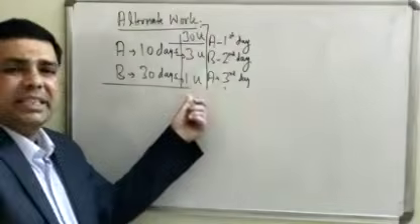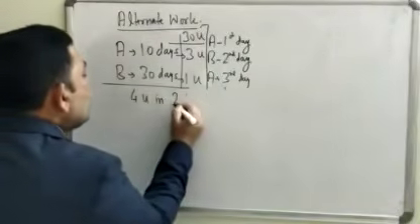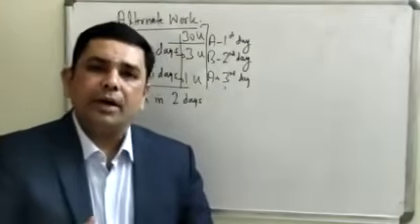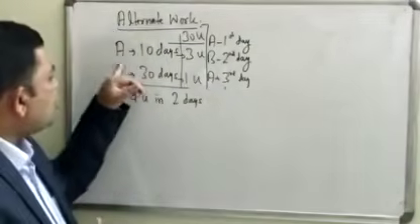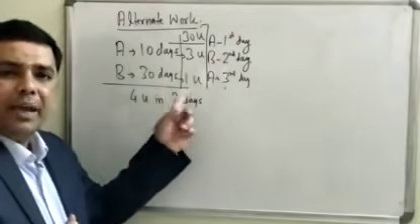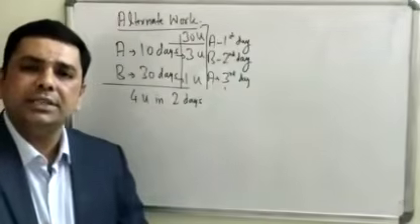That 4 units is completed in 1 day. Now we will say that 4 units will get completed in 2 days, because on the first day A has contributed, on the second day B has contributed. Put together they have done 4 units in 2 days.